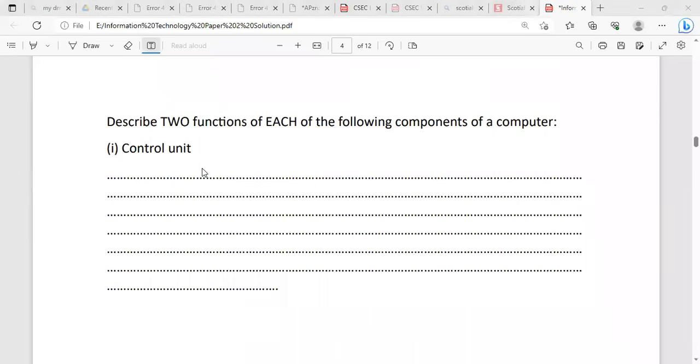All right, next question says describe two functions of each of the following components of a computer. So the first one is the control unit. All right. So what does the control unit do? It reads and interprets the program.